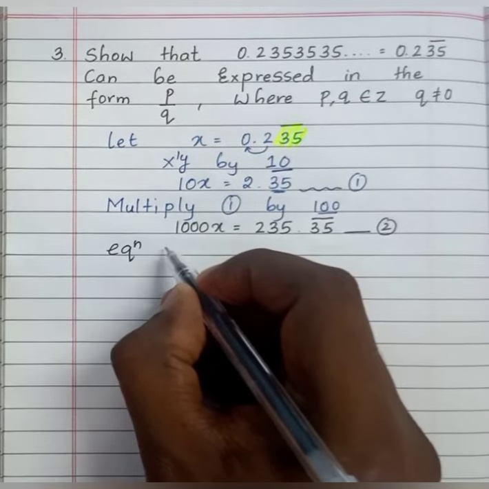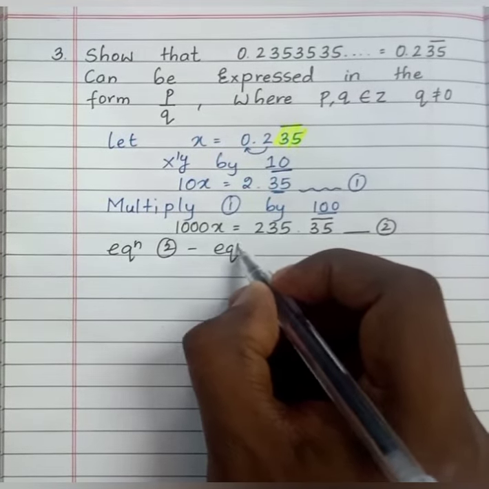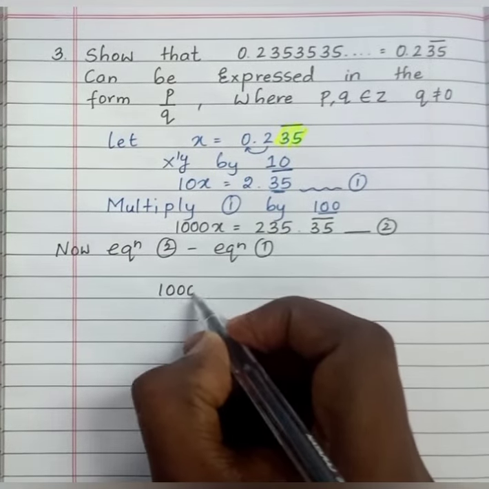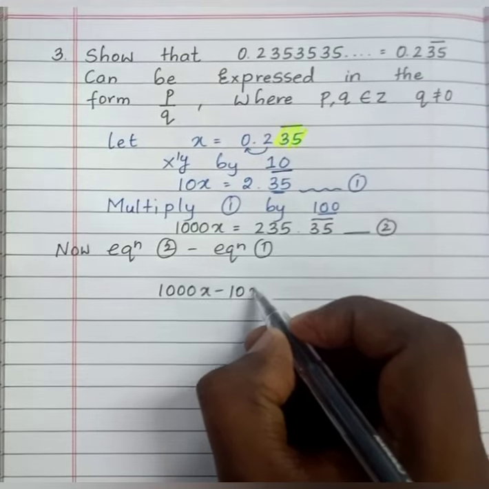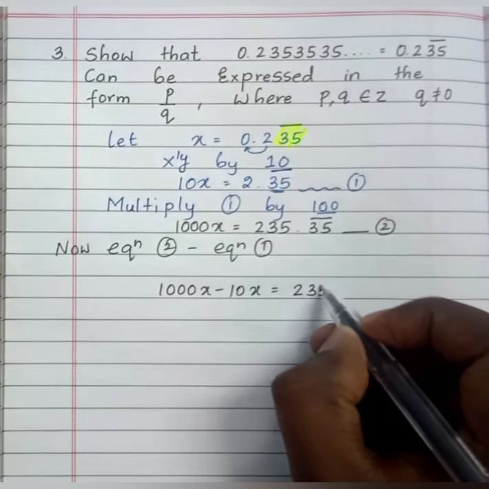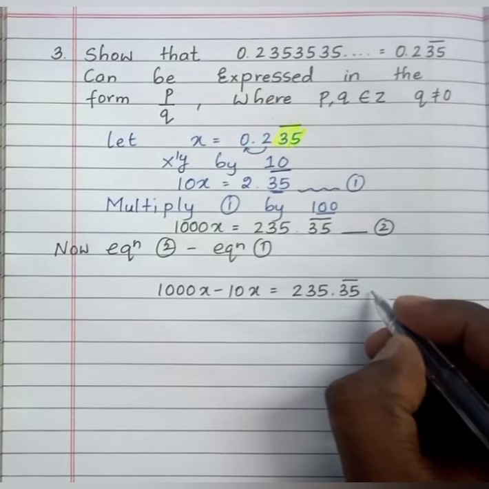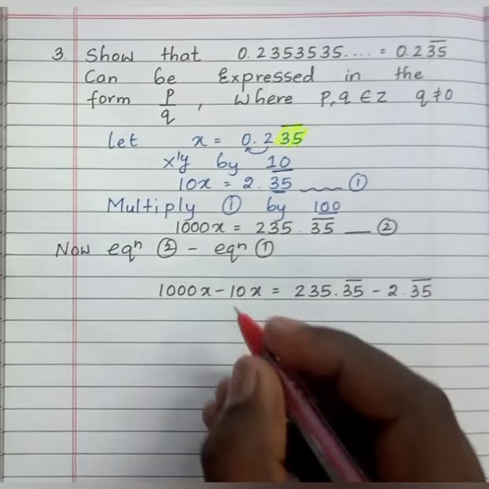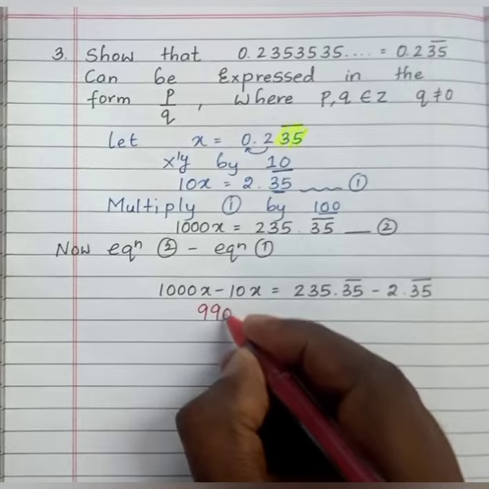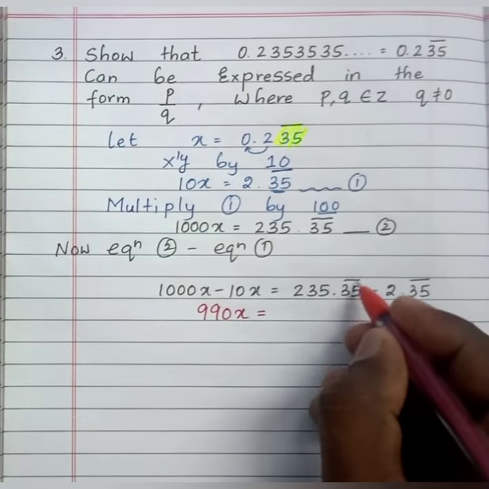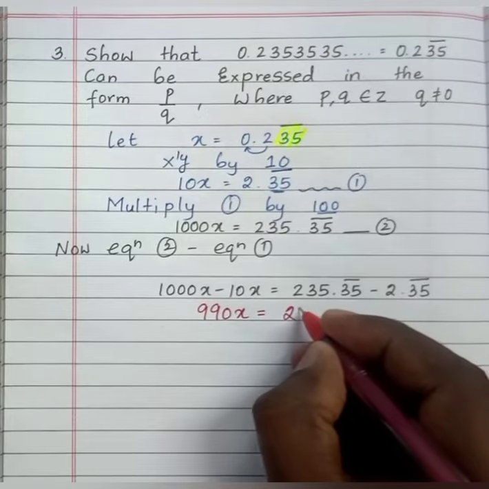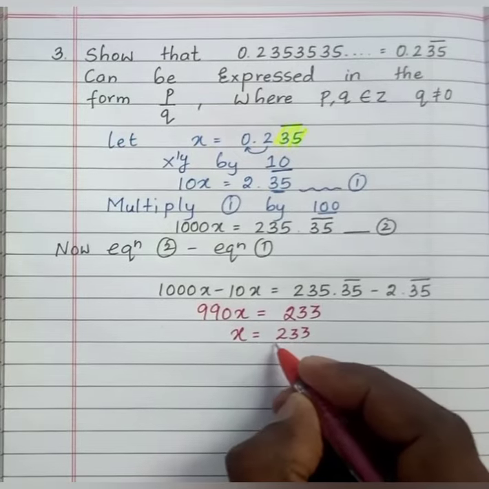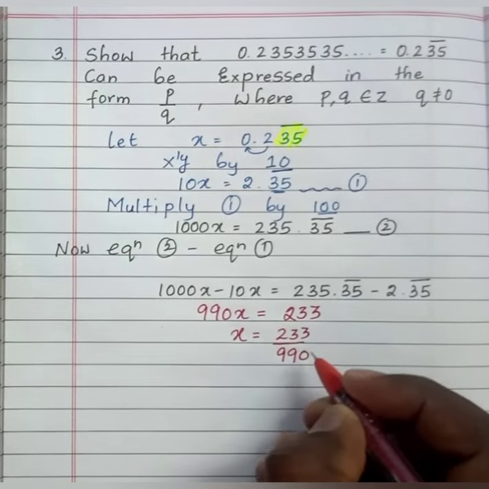Now equation 2 minus equation 1. Now 1000x minus 10x which is equal to 235.35 recurring minus 2.35 recurring. Now the recurring decimal expansion will cancel out. 1000x minus 10x is 990x. 235 minus 2 is 233. x equals 233 divided by 990.